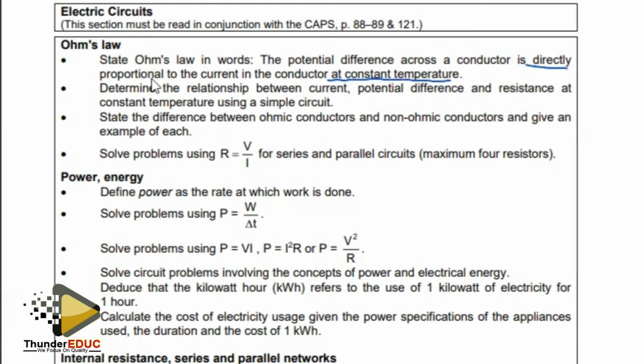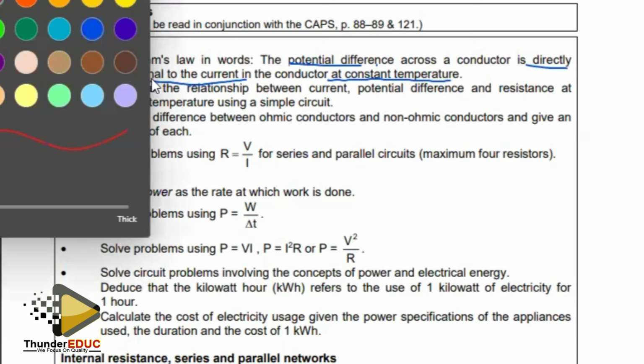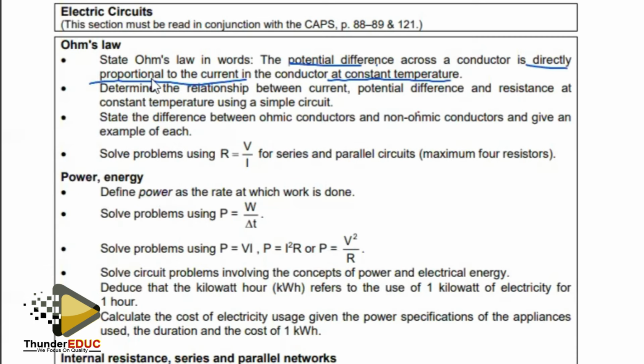The directly proportional part is also important. Those keywords, at least, shouldn't be missed in your definition. And then the relationship between current, potential difference, and resistance at a constant temperature for a simple circuit. You need to know the difference between ohmic conductors, those that obey Ohm's law, and the non-ohmic that disobey Ohm's law. Then we solve the problems using this Ohm's formula for series and parallel circuits.